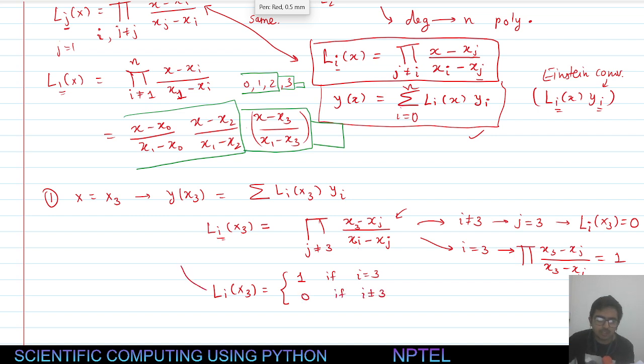So now if we plug this in, we get y of x3 is equal to L0 of x3 y0, plus the same for 1, L1 of x3 y1, L2 of x3 y2, plus L3 of x3 y3, and plus for 4, all the way up to n.